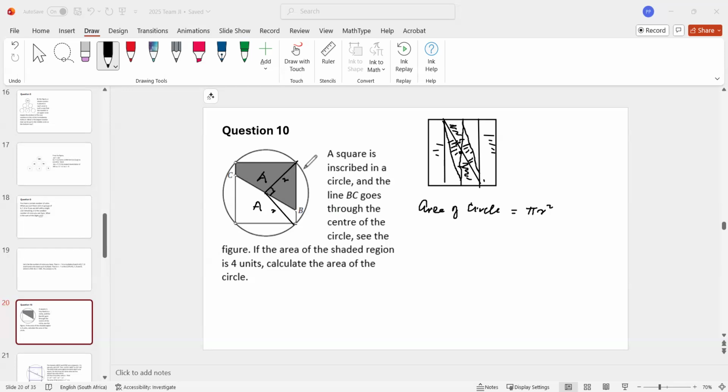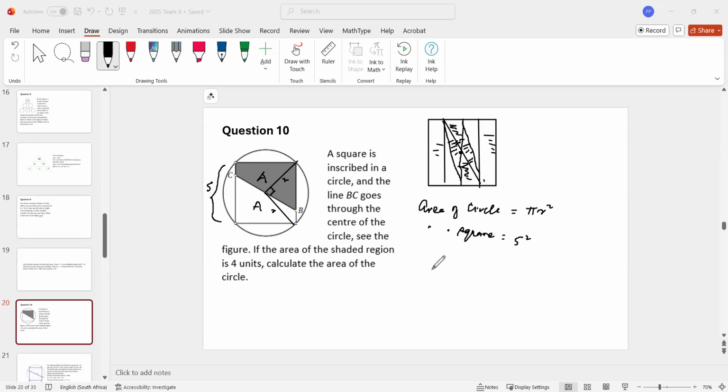So by Pythagoras, if this is S, the area of the square is S squared, if you look at the diagram there.